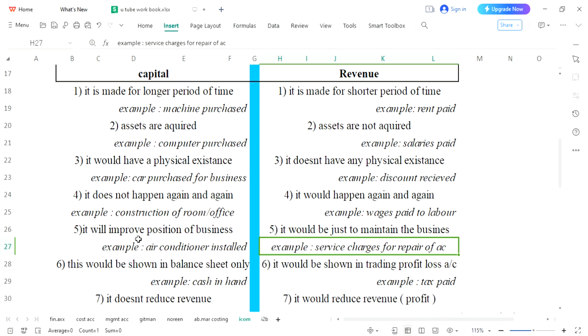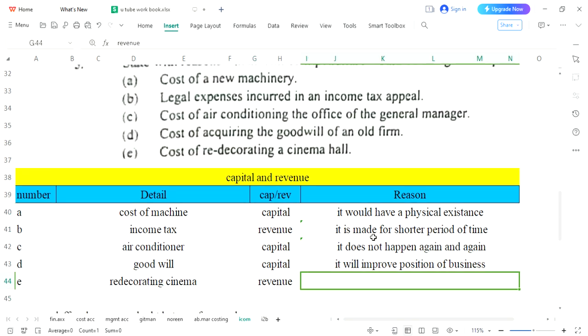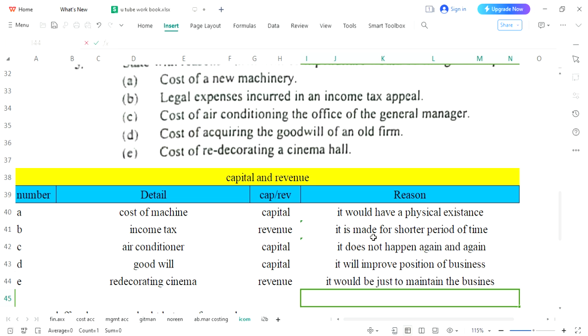That is the reason for capital: it will improve the position. Since improvement is not done, same seat pattern, same area, that is why it is just to maintain. So this reason we will pick: redecorating the cinema is just for maintenance purposes. So in this way, we have decided that redecorating cinema is to be called revenue.